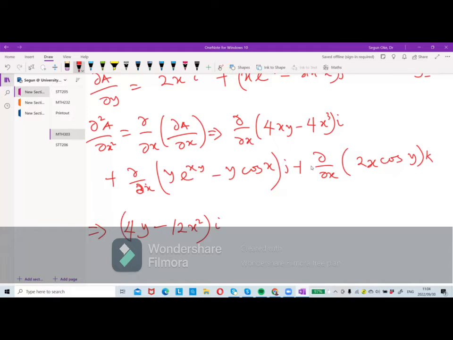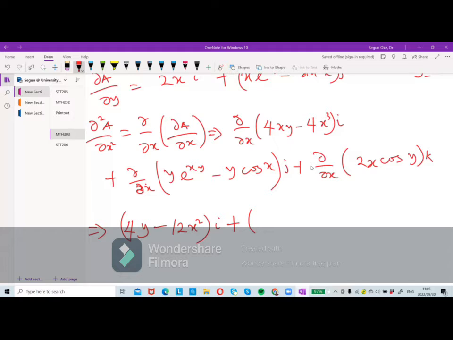Next, counselor. Okay, I'm going to try. xy squared exponential xy. No, look at it.